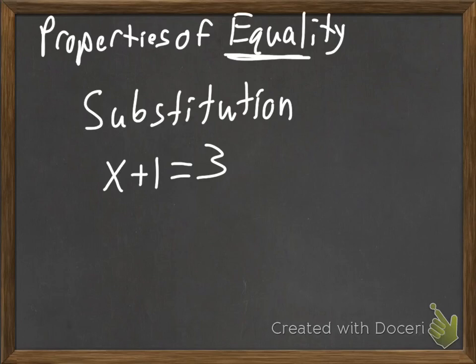Now what this says is that we can substitute a number in for that variable to make this true. The key here though, it needs to be a specific number in order for this to work. We can't just substitute in any number for it to work.